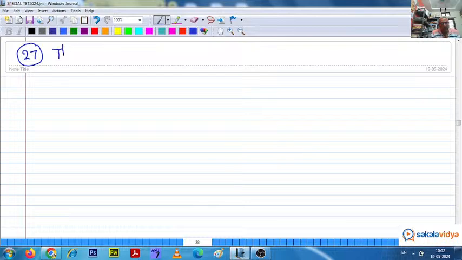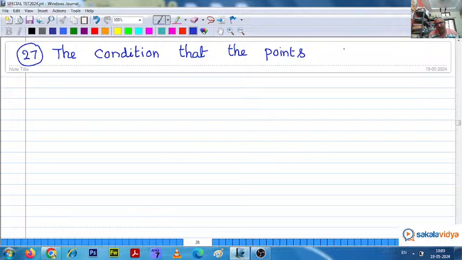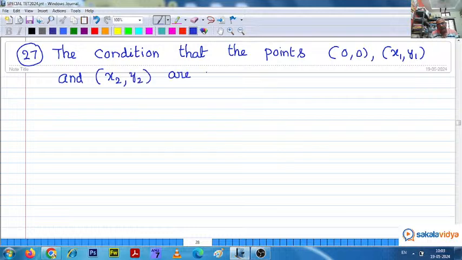The condition that the points 0, 0, x1, y1 and x2, y2 are collinear.